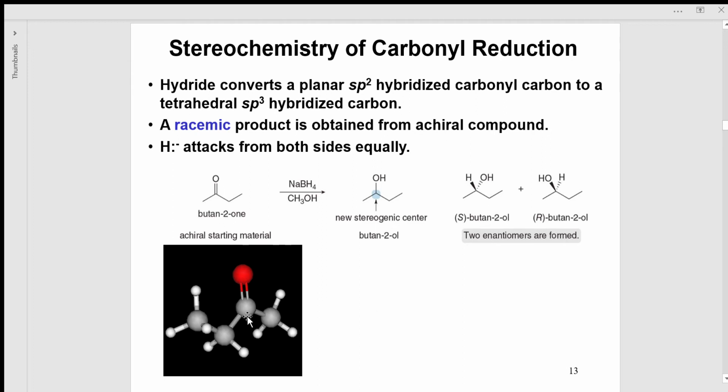Because of the planar structure, we generate two products, one is S, another one is R. The opportunity from both sides is equal. That's why we have two enantiomers, and these two enantiomers are considered a racemic mixture, or racemic.